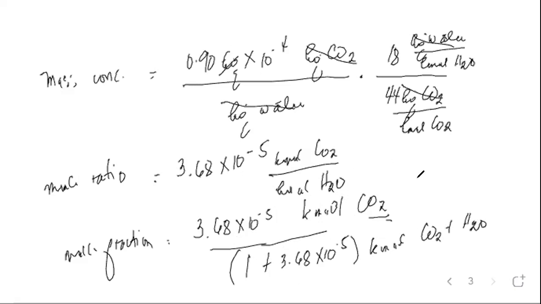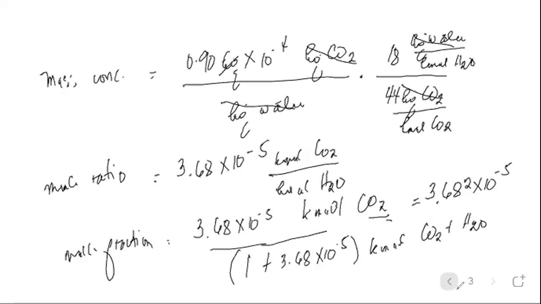So the answer will not vary much. So we divide by the answer plus 1. So your answer would be 3.682 times 10 raised to negative 5. Did not change that much. But now you have the mole fraction.